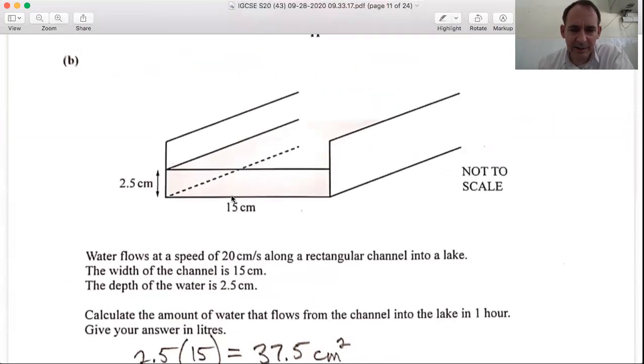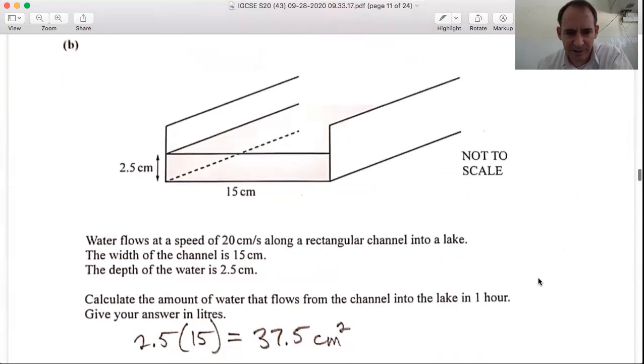Part B here is this three-dimensional diagram, and we have water flowing at a speed of 20 centimeters per second along this rectangular channel, and then it goes off into a lake. The width of the channel, you can see here, is 15. The depth of the water, not the channel, but the water itself, is 2.5.